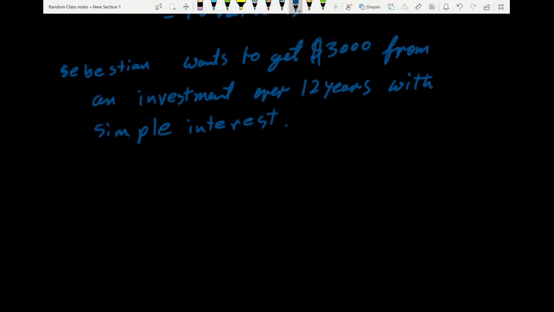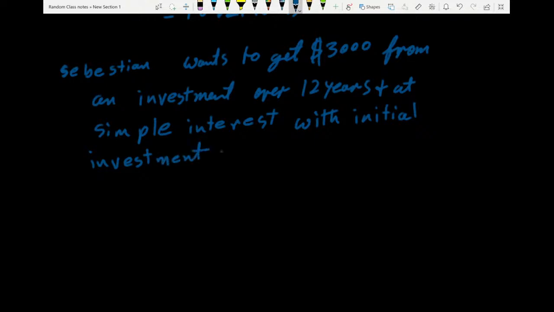So Sebastian wants to get $3,000 from an investment over 12 years with simple interest, with an initial investment of, let's say, $200. What is the interest rate the company needs to have to give this return?